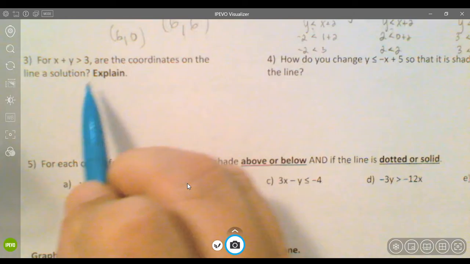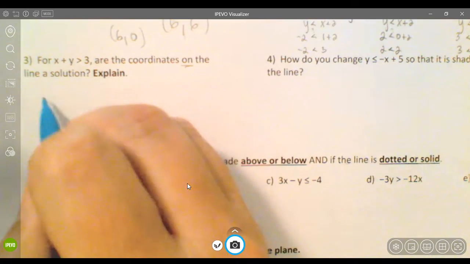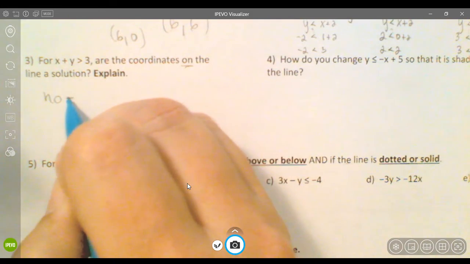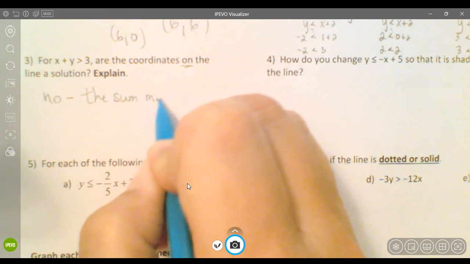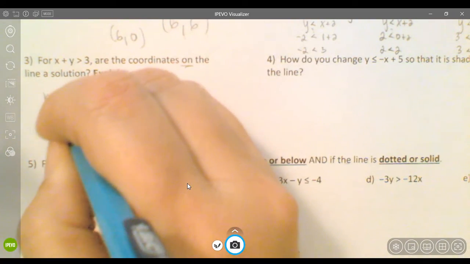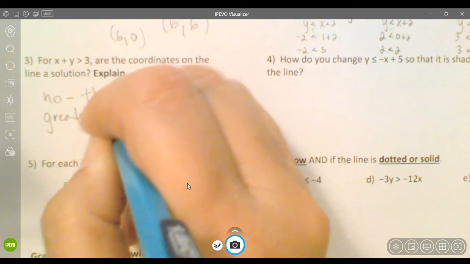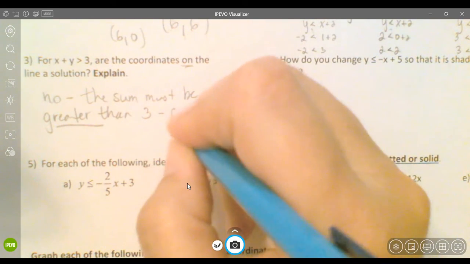For x plus 3 is greater than y, are the coordinates on the line a solution? No. The sum must be greater than 3. You cannot equal 3.